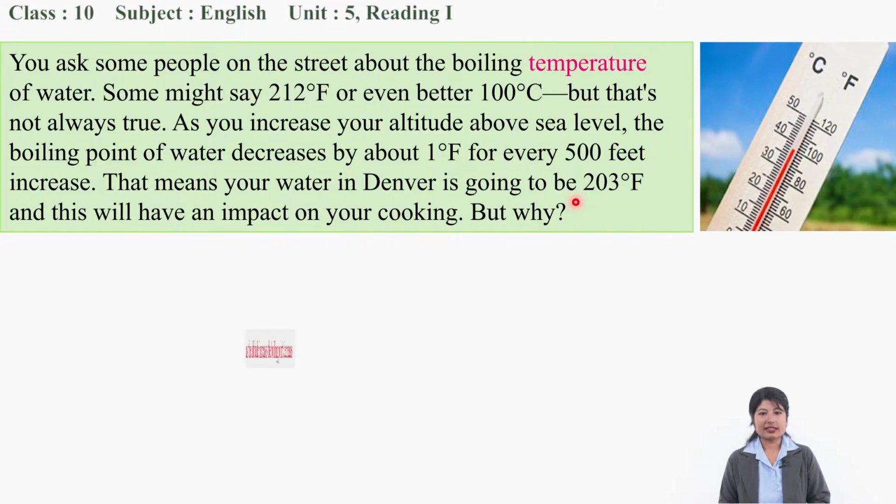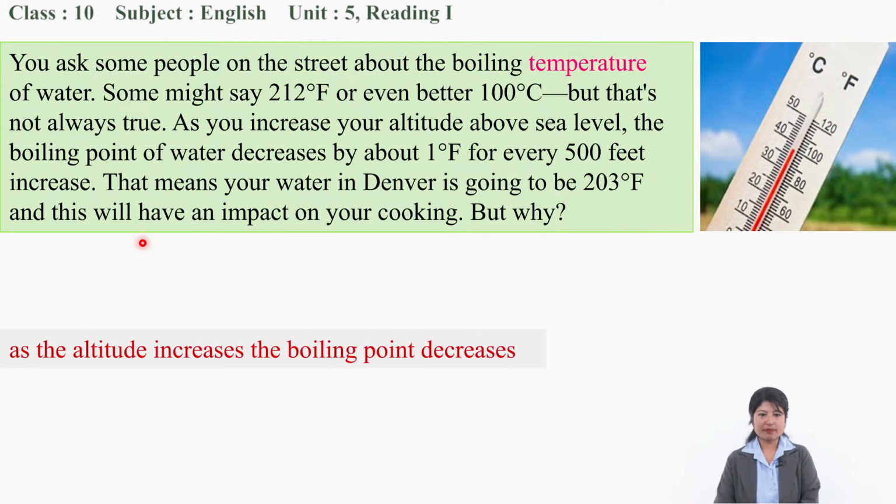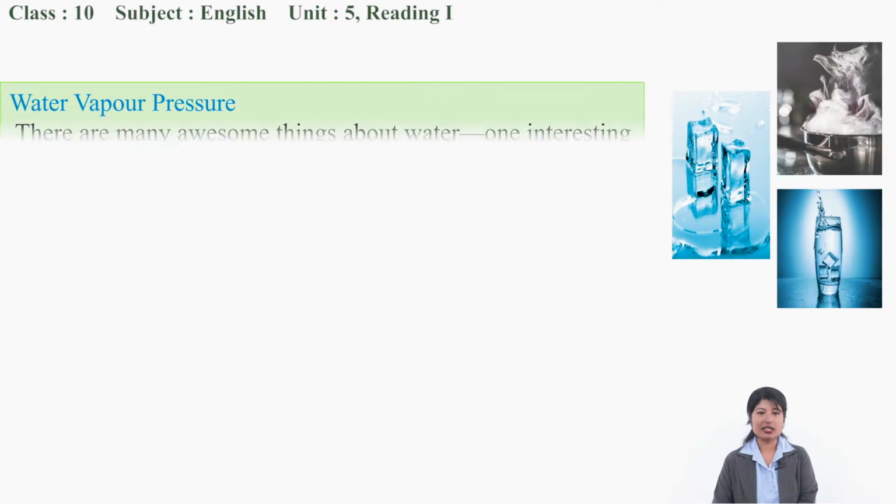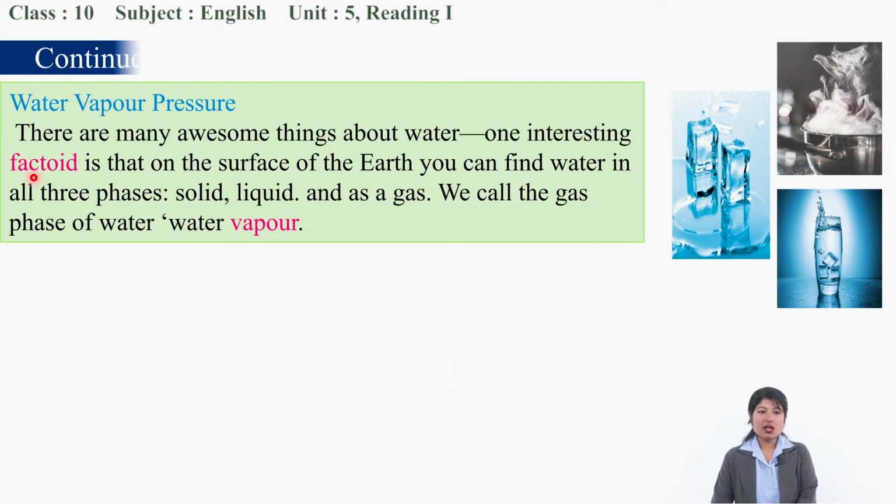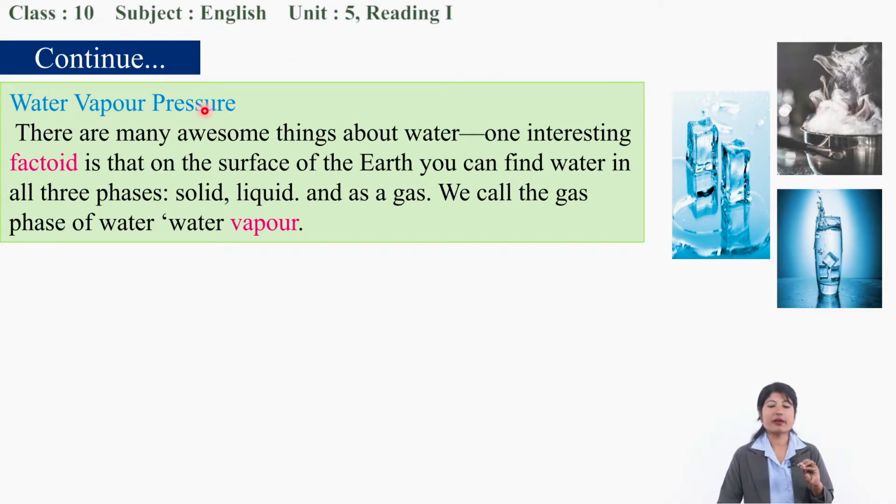Okay, this paragraph talks about how as altitude increases, boiling point decreases. Next one is water vapor pressure. What we need to know over here is water vapor pressure. There are many awesome things about water.